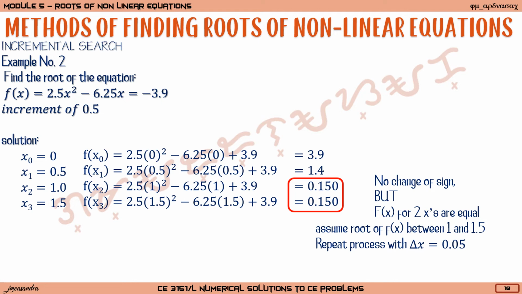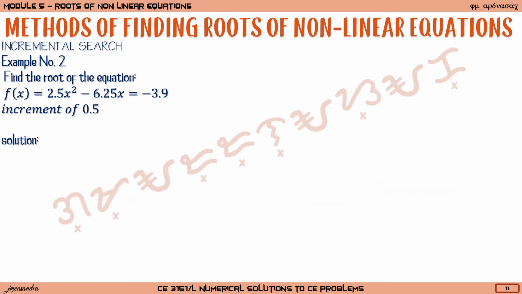So we'll now be repeating our process and changing our increment. Instead of 0.5, maybe we could use 0.05. So you have the option of what increment you're going to use. Okay? So let's start again from the range 1 to 1.5, and we'll be using an increment of 0.1.